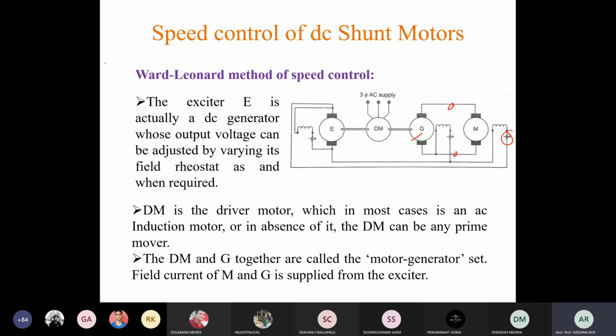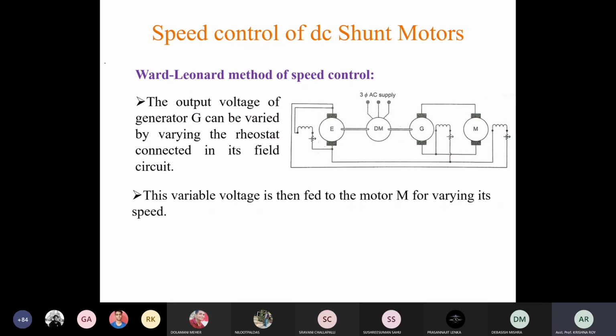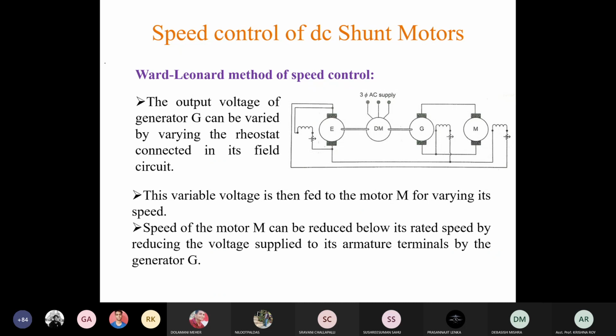And since we are applying both terminal voltage variation as well as field flux variation methods, we can change the speed of this motor over a very wide range, that means from a very low speed to a very high speed. Any question? No, sir.